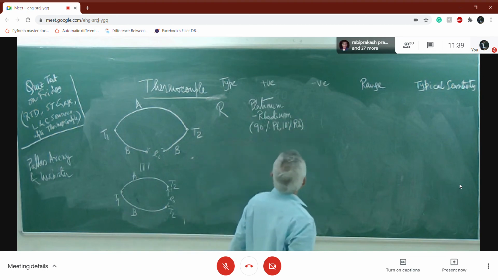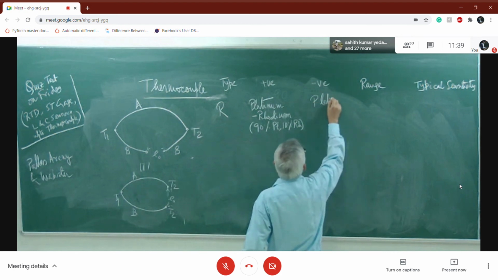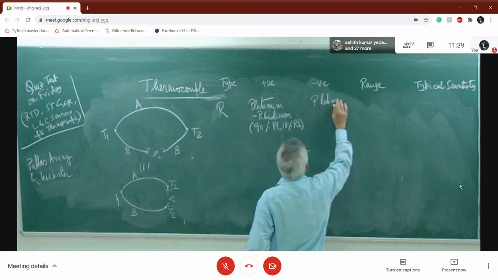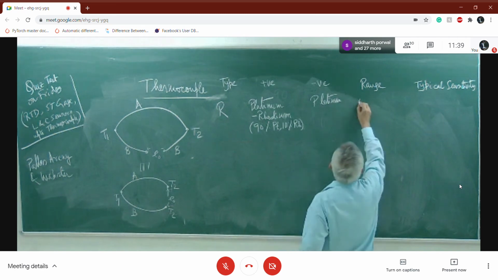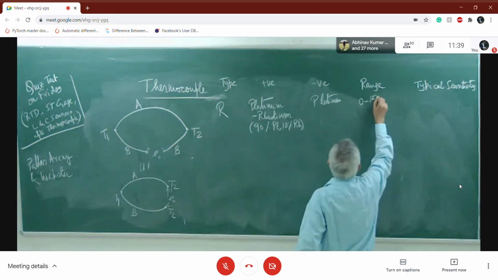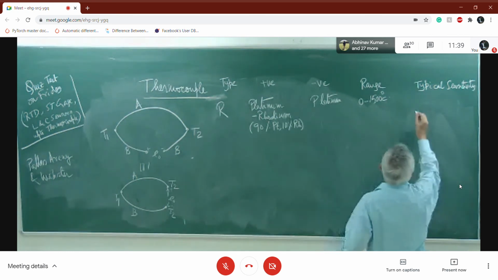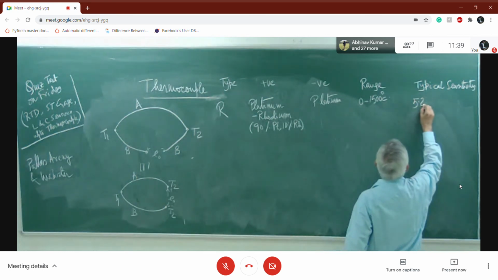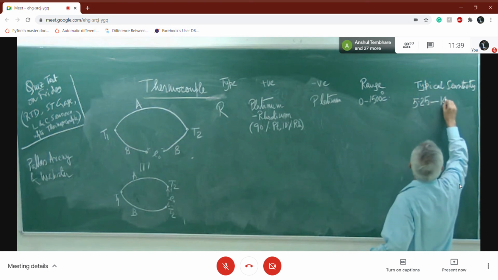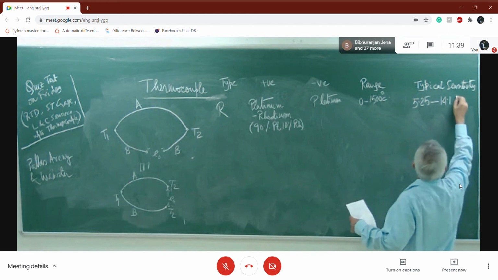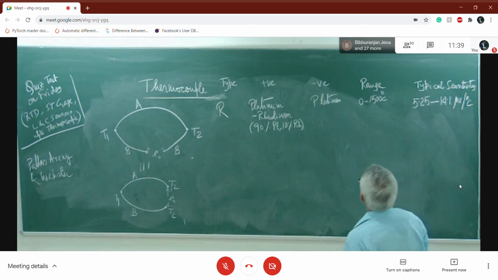It's an alloy here, and the negative is platinum only. The range is 0 to 1500 degrees Celsius, and the typical sensitivity is 5.25 to 14.1 microvolt per degree Celsius.